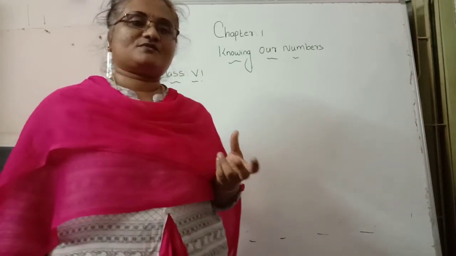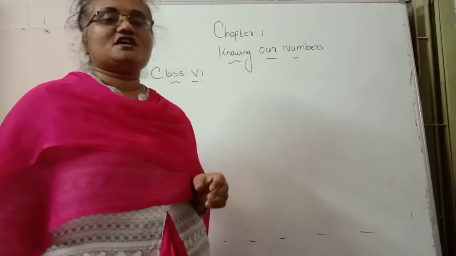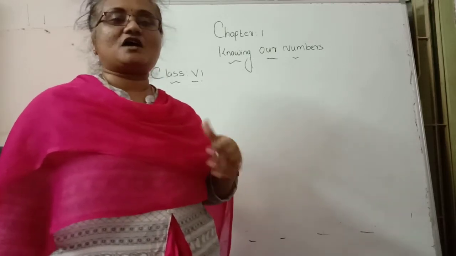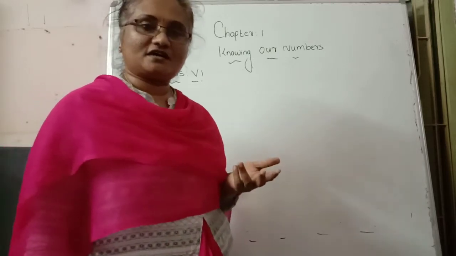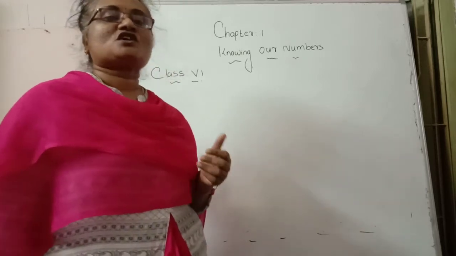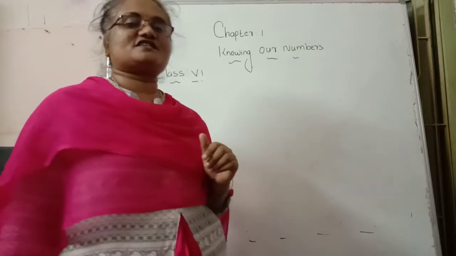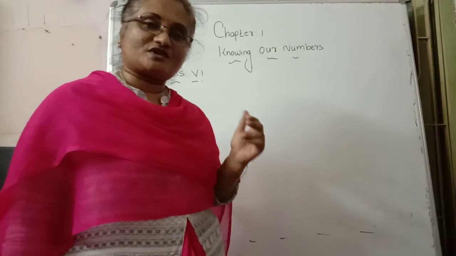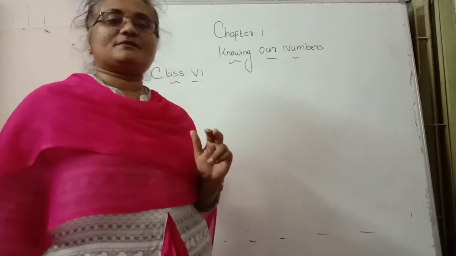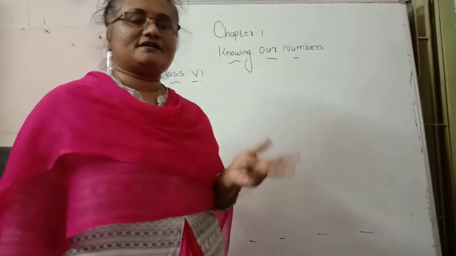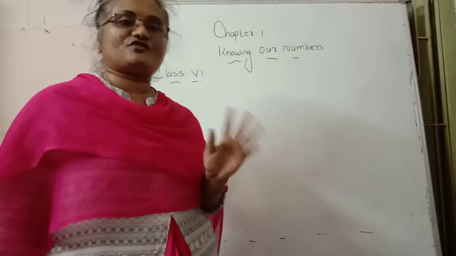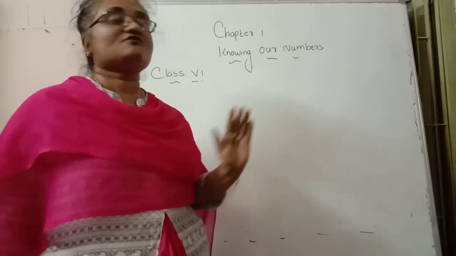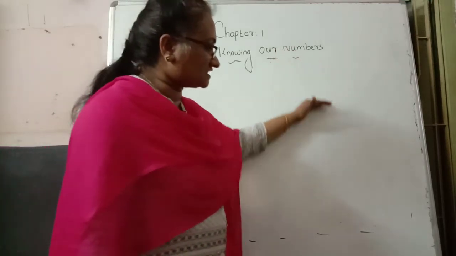When some digits are given, using those numbers, how to write down the greatest number and the smallest number, how to read the numbers, then estimation of numbers. These are the things we are going through in this chapter.